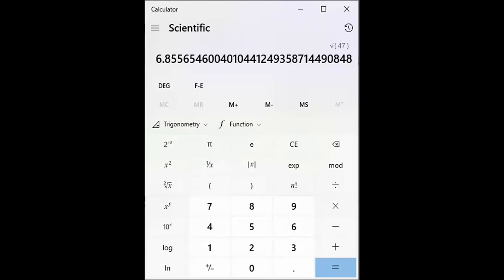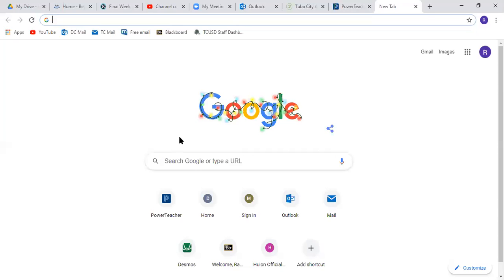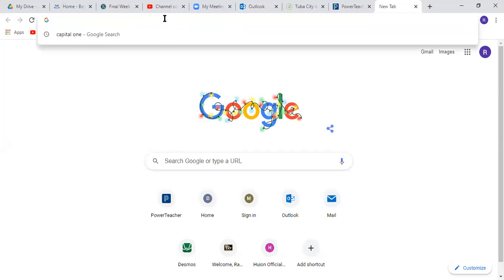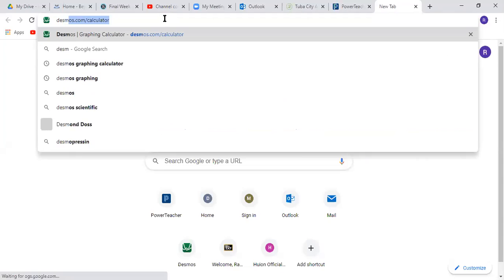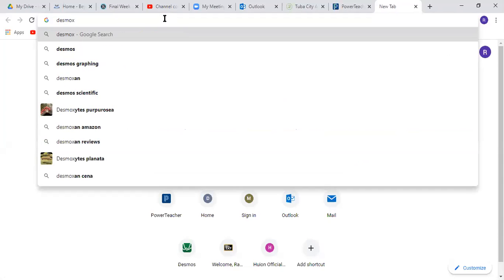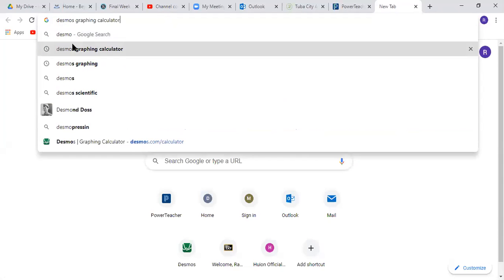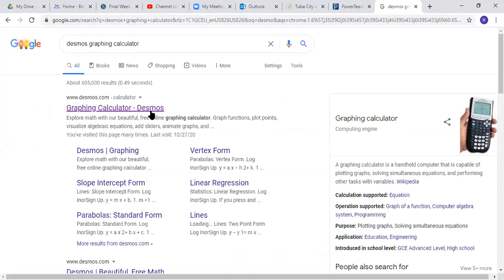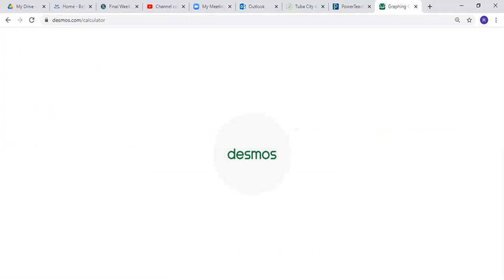So I don't believe this is going to work. Now, you do have another option, and that option is to go to Desmos. Let's say you get a number that's not on the list, or something that's really, really big. Just type in Desmos.